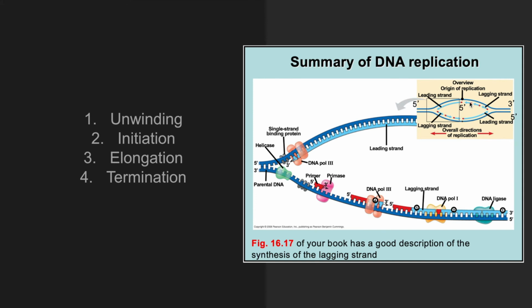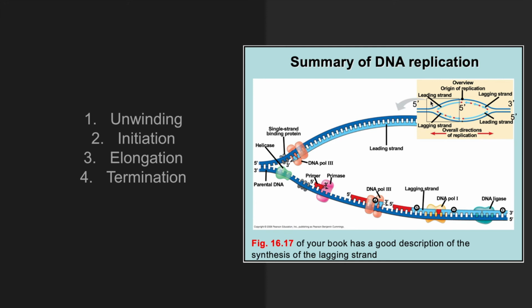You have more primers here, so those primers need to be replaced, so DNA polymerase comes and replaces them. And then the trusty DNA ligase is responsible for gluing them back together. So ligate means to join again, so DNA ligase is responsible for gluing the lagging strand back together.